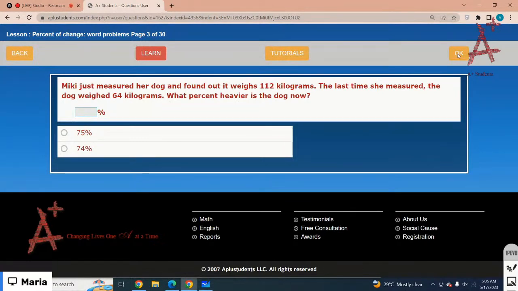Got it? Earlier it was 64 and now it is 112 kilograms. That means she now has 75% more weight. Got it? The correct option is 75%.